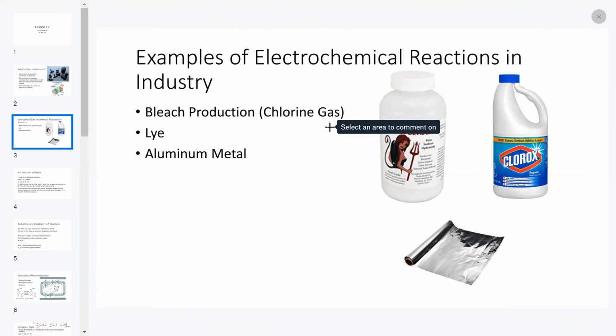Sodium hydroxide is a very corrosive base, and the idea is that if you pass the chlorine gas through a solution of sodium hydroxide, you'll create a mixture of sodium hypochlorite and sodium chloride. This is called a disproportionation reaction. So I can draw it here.